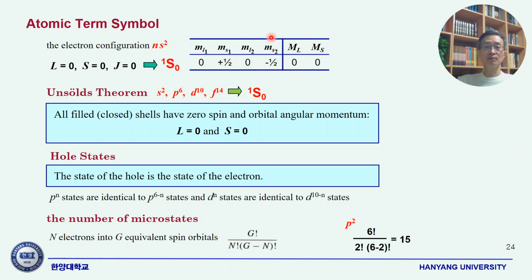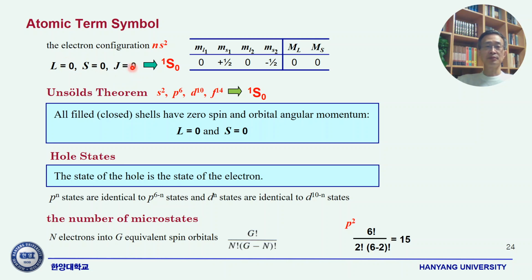Okay, this is our configuration of 1s2. Then the ML value is ml1 plus ml2, which is 0, and MS is this plus that, which equals 0. So L equals 0, S equals 0, J equals 0 plus 0.